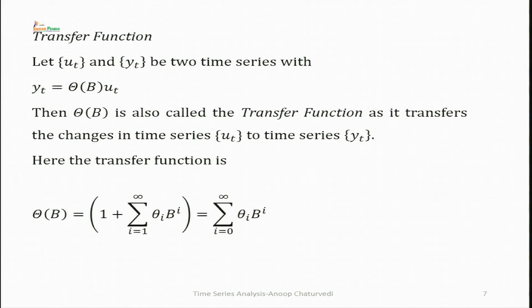So, in fact, what is the role of theta(B)? Suppose you consider u_t and y_t as two time series. U_t is a time series and y_t is a time series. In fact, u_t is a purely random process. Then y_t is equal to theta(B) u_t.